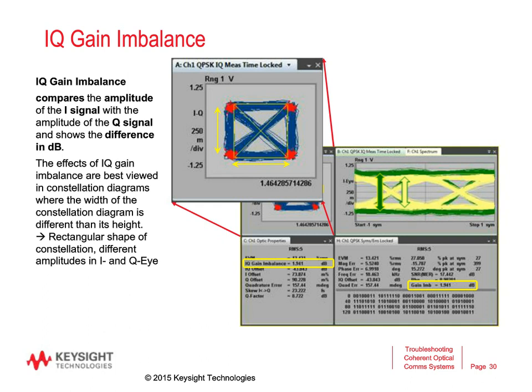You may see the yellow constellation, which is the reference I'm comparing against. And this gain imbalance could be caused by different amplitudes in the driving inputs for your I and Q modulator, or it could be a wrong setting in the IQ bias or in the modulator bias.